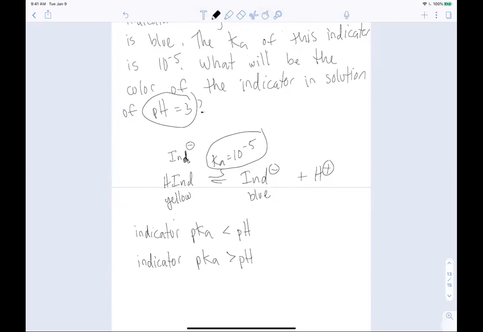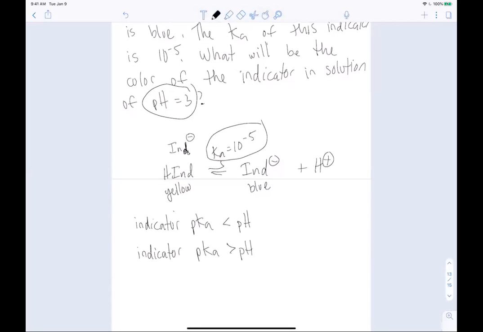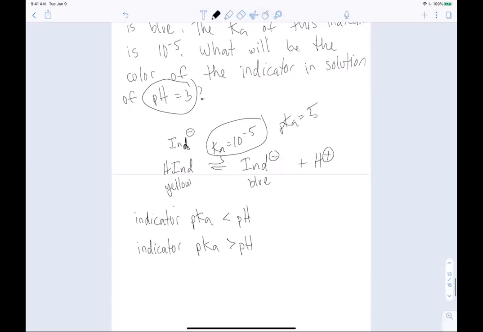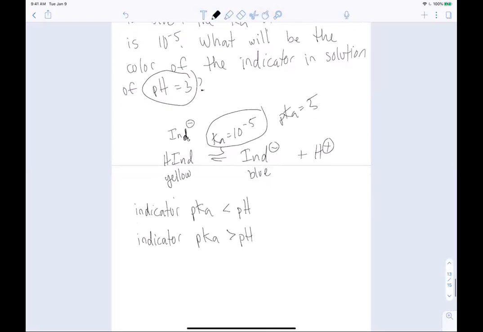If the pK is less than the pH, what does that mean? Let's see, my pKa for the indicator, our pK is 5. So that means we're in the second situation, where the pH of 3 is less than the pK.